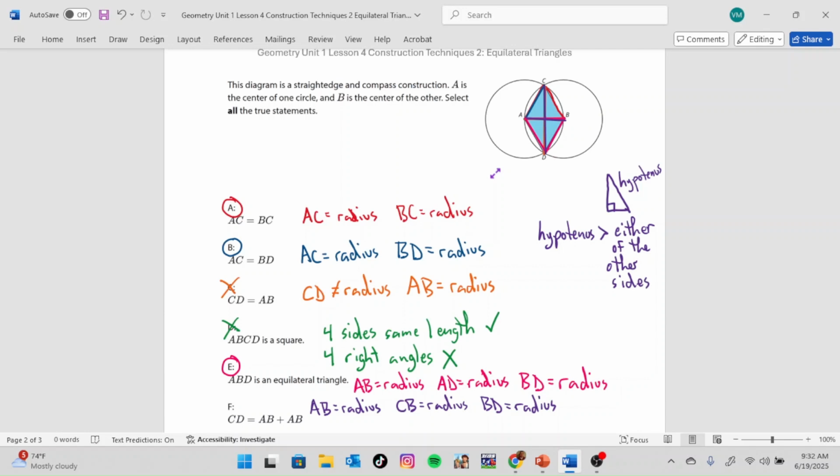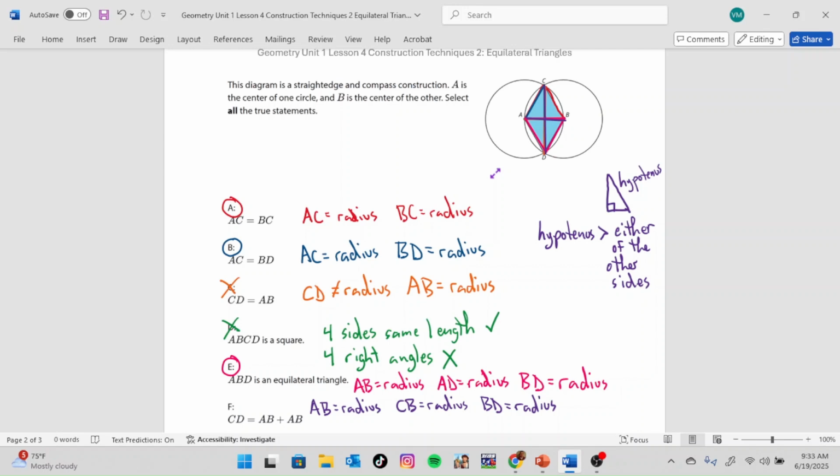So this means that CB is greater than C to the center part, and BD is greater than the center part down to D.